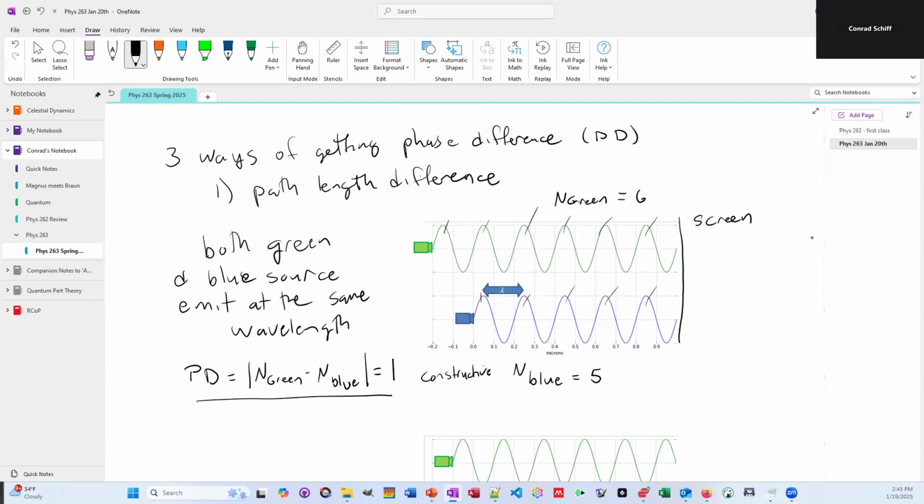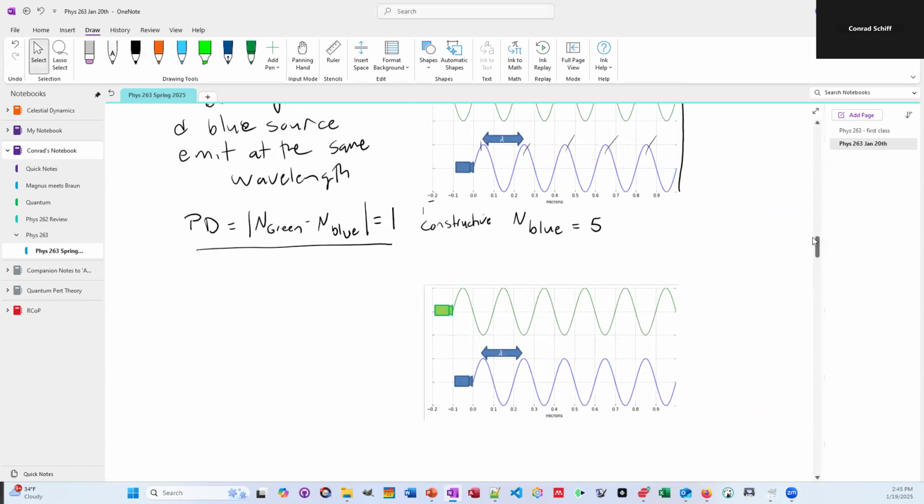Now notice green is located at minus 0.2. If we go ahead and move green up just a little bit to minus 0.1, and we again put the screen in and look at it, we find that the green wave goes 1, 2, 3, 4, 5, 6 peaks, but it doesn't make a full wave before it hits the screen.